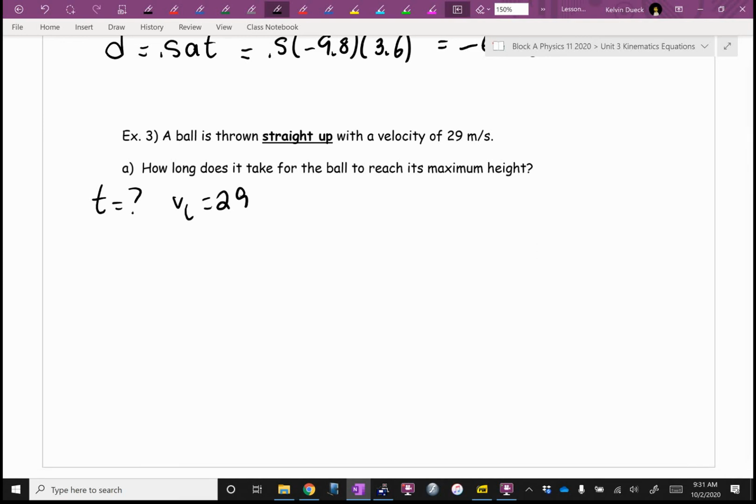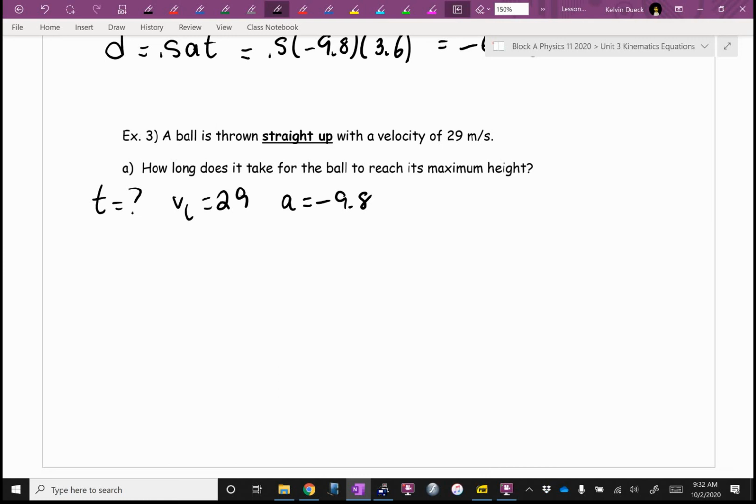What else do I know? Oh, yeah. Are we in free fall? Even on the way up? A is negative 9.8. What else do I know? What's VF? Say that again, because you get a candy.